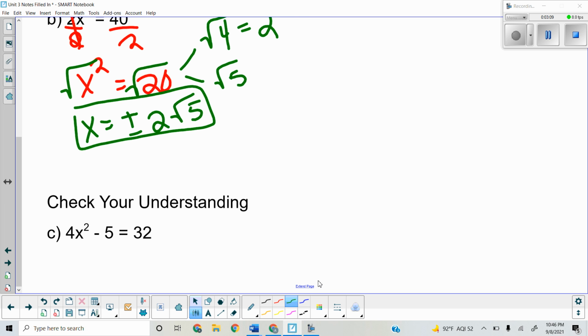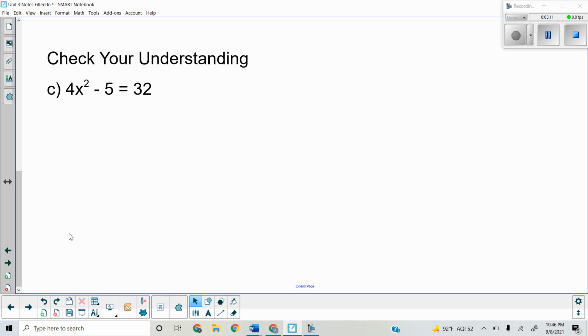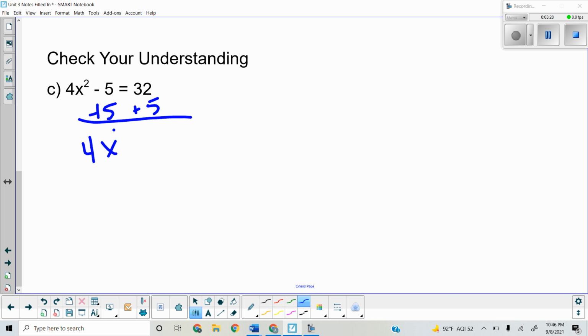All right, try C for yourself. So, solving equations, we need to move our constant first. So the opposite of subtracting 5. Add 5 on both sides. 4x squared equals 37.